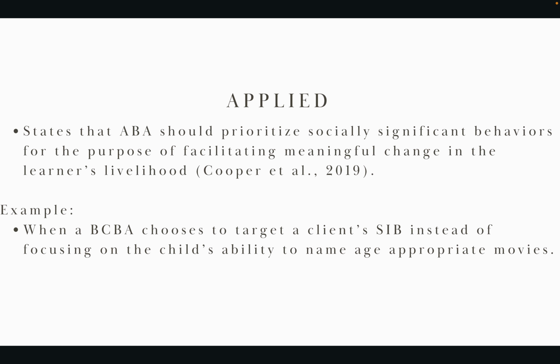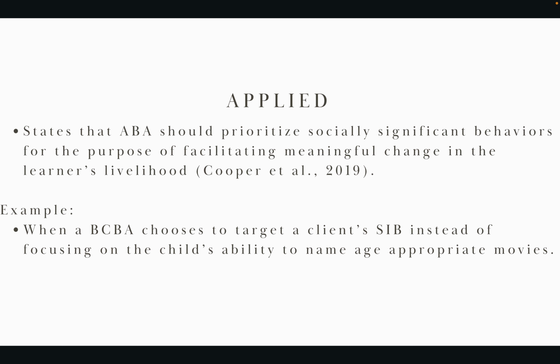So an example of a situation you could find in the real world that would be demonstrating the applied dimension of ABA would be when a BCBA chooses to target a client's SIB instead of focusing on the client's ability to name age appropriate movies.